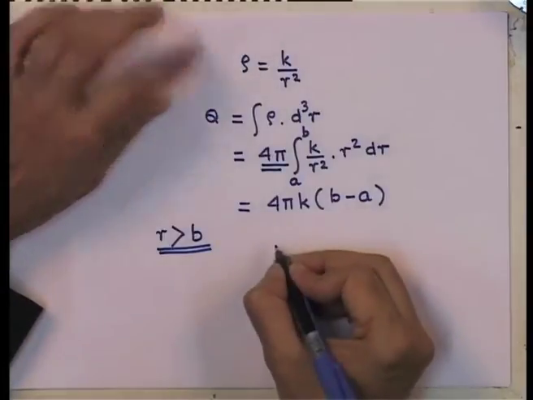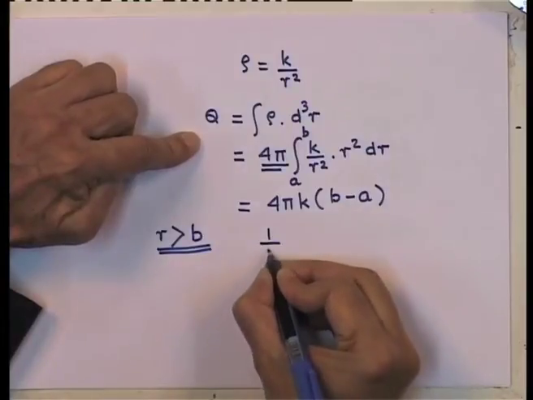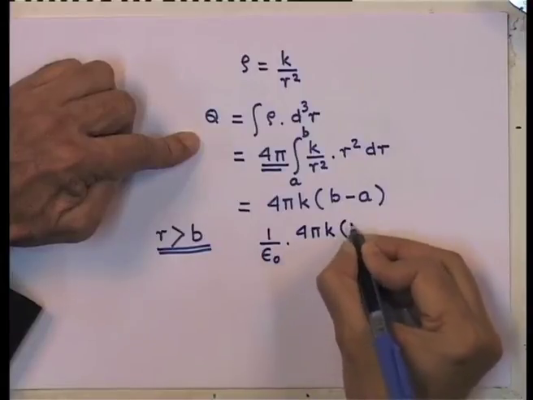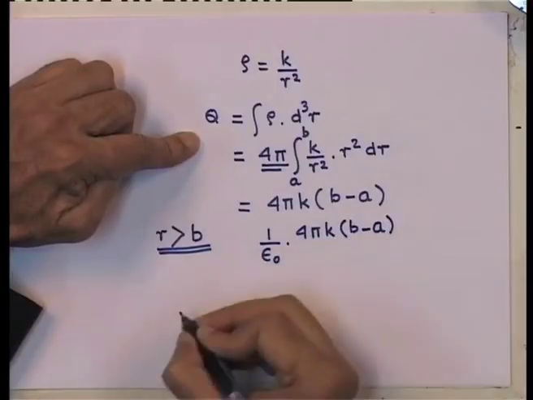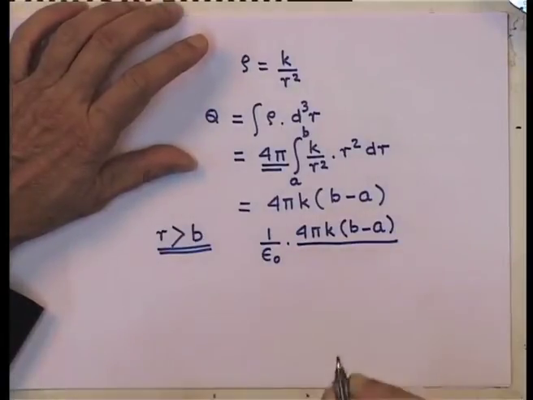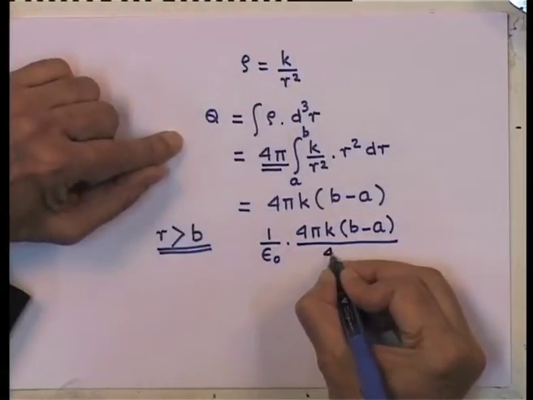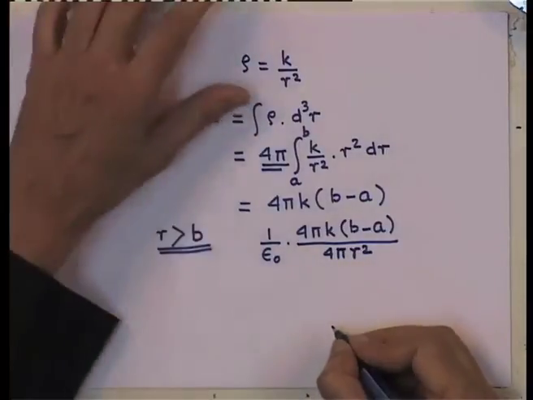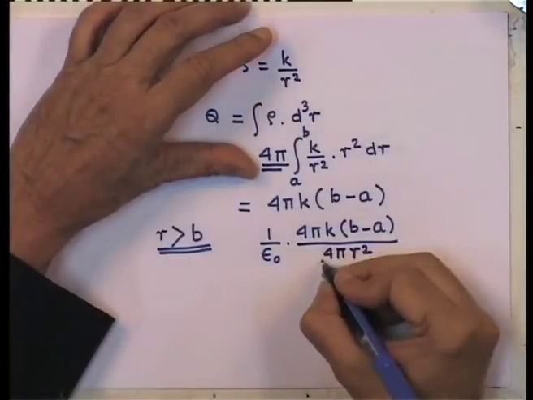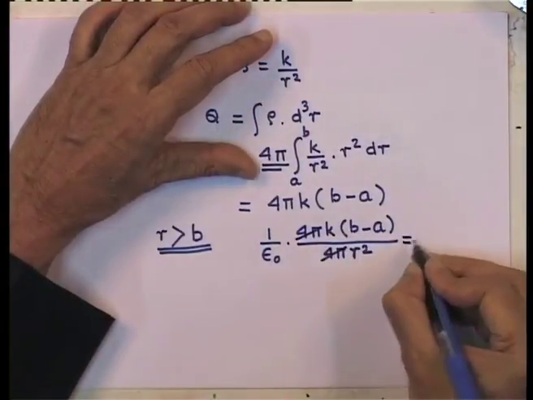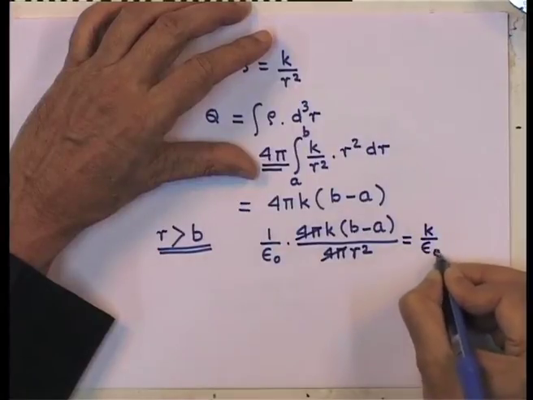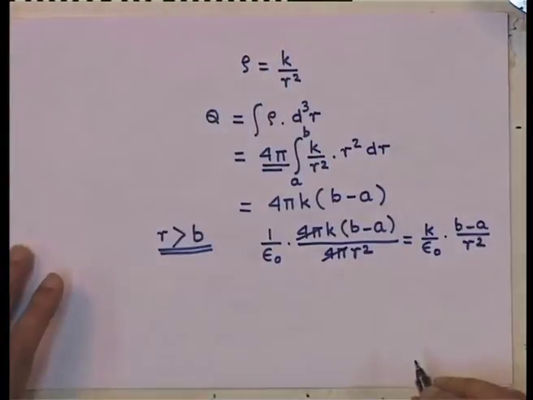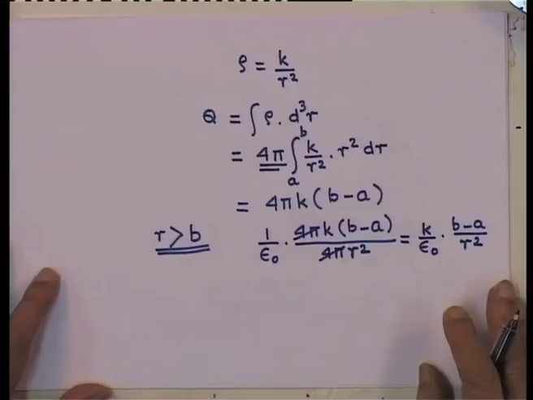So, the magnitude of the electric field will be 1 over epsilon 0, the amount of charge enclosed, namely the whole charge, 4 pi k b minus a, divided by 4 pi r square, that came from that E dot ds. So, the 4 pi will cancel out, and you will be left with this expression: k by epsilon 0 into b minus a by r square. So, once again, it is as if the entire amount of charge is concentrated at the origin.